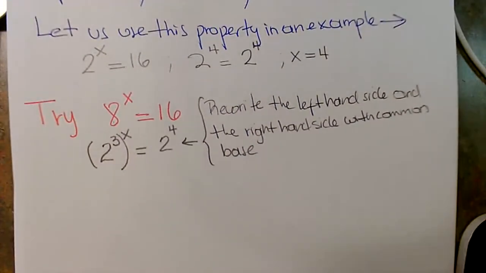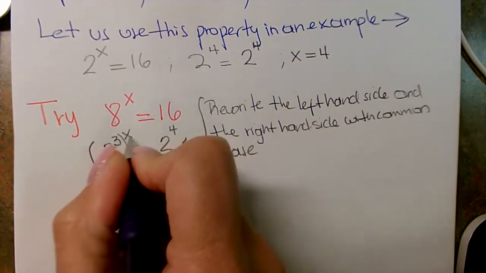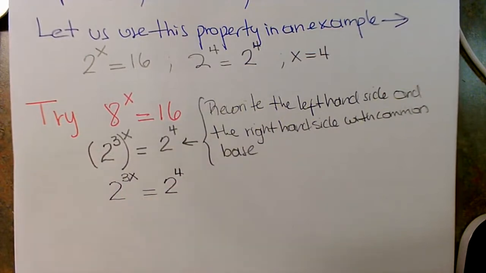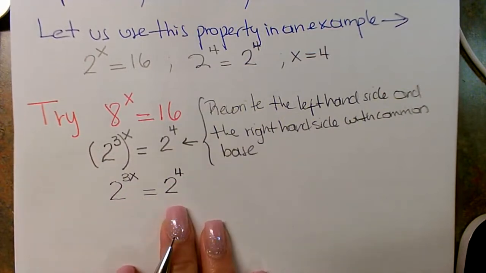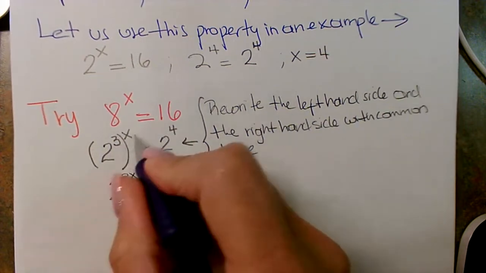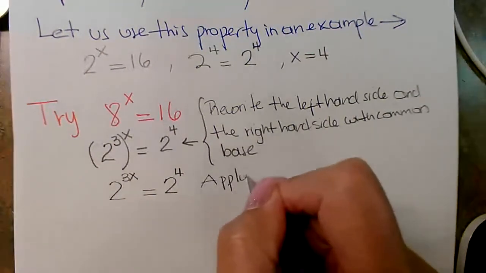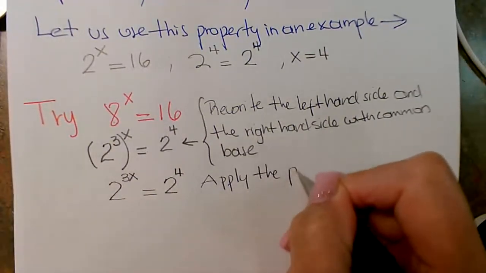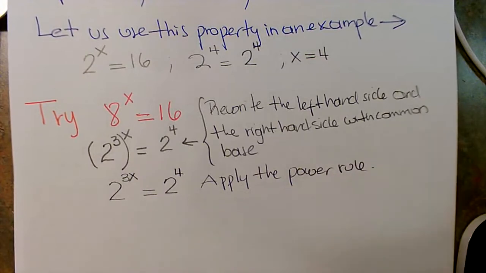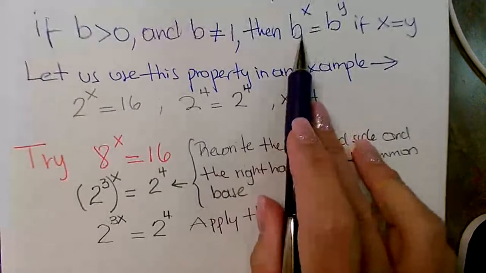Now they look like this. Remember, power to a power, you just multiply. So right here, we're going to apply the power rule. And what does the rule say?